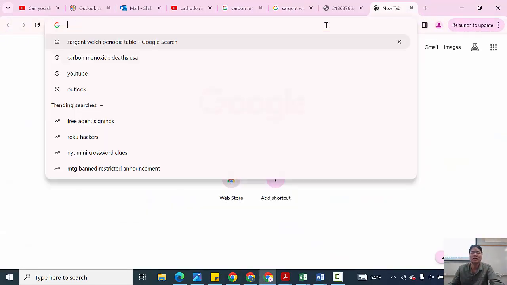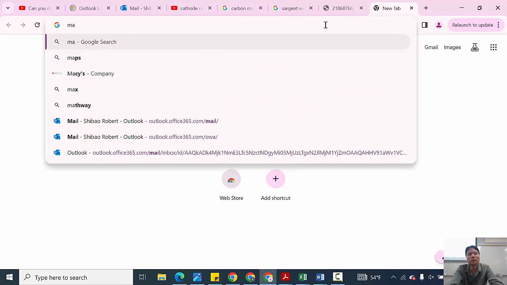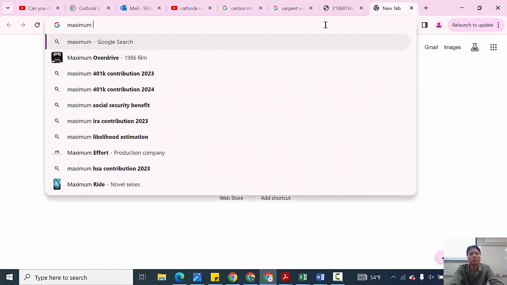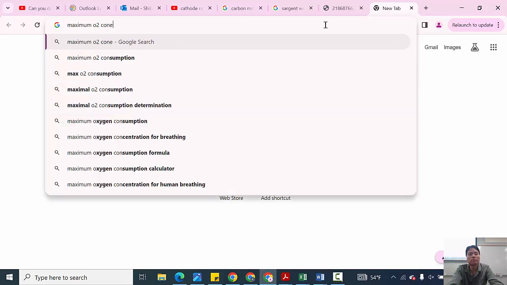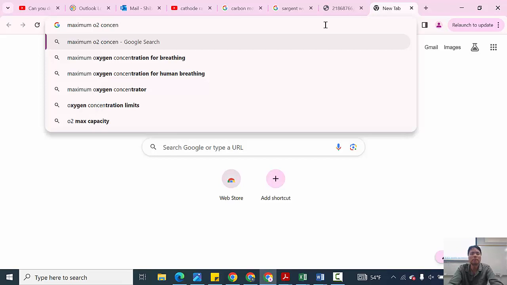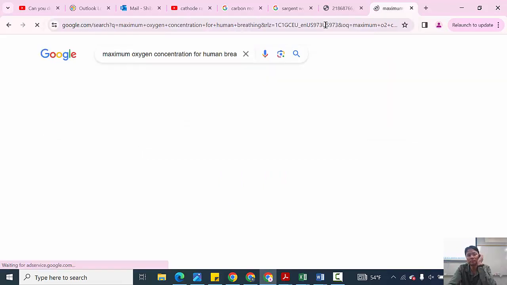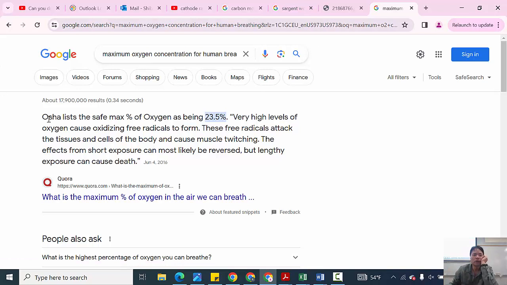This is from studies. Have you heard of hypobaric and hyperbaric and that kind of stuff? For human breathing, OSHA, the Occupational Safety and Health Administration, is a government agency that regulates safety, including the safety in our lab here.